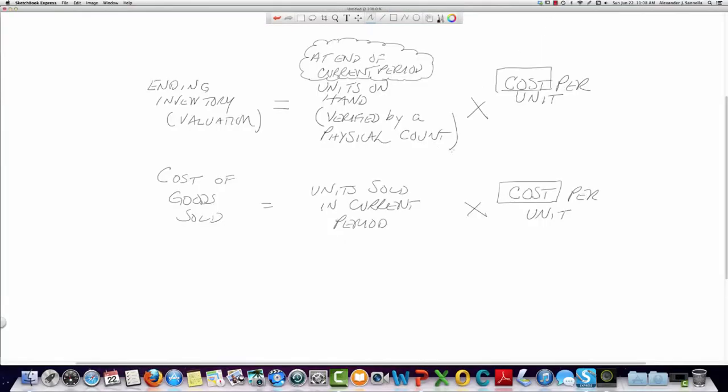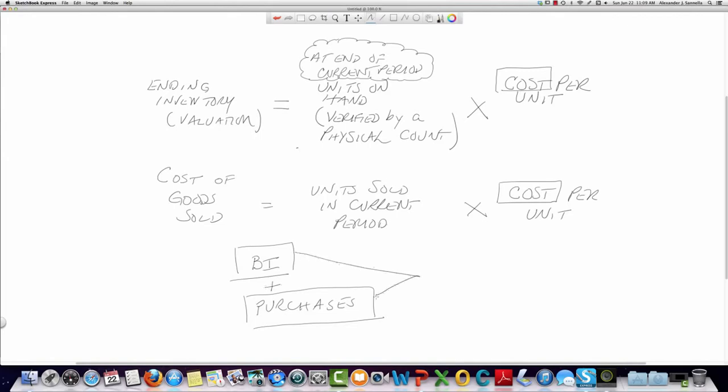So going back to the whiteboard, you're going to see that if you think about the inventory problem, you could have beginning inventory and purchases.